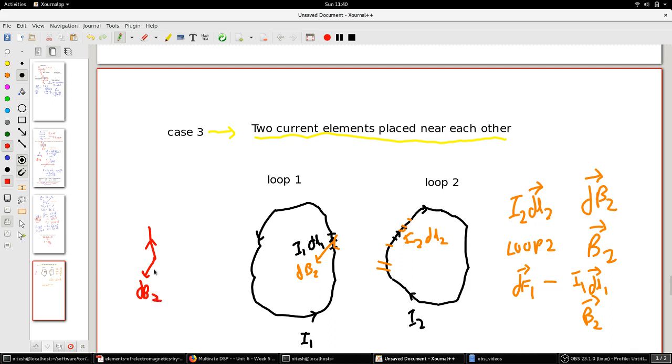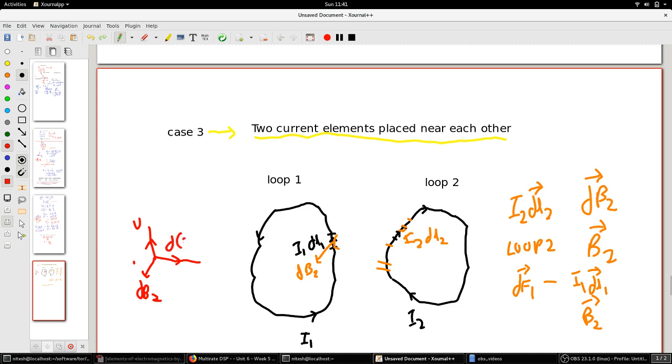Now you have to think about this plane here, and this will be the direction of force. This is the current element, this is B, and if I use the right hand rule, this is the direction of the force going to be.